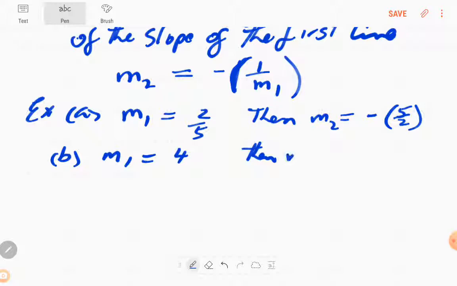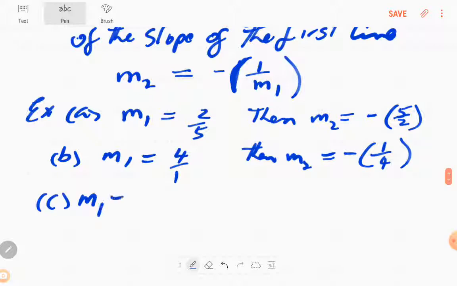Then the slope of the perpendicular line would be, well, 4 is the same as 4/1, so it'll be minus 1 over 4. Third, suppose the slope of the first line is minus 1/5.